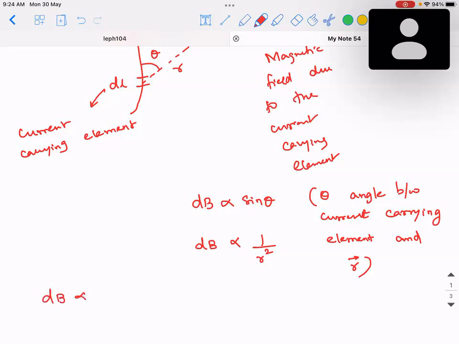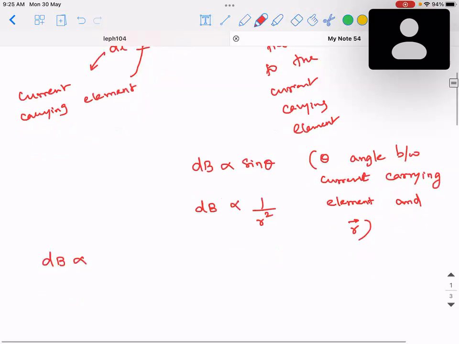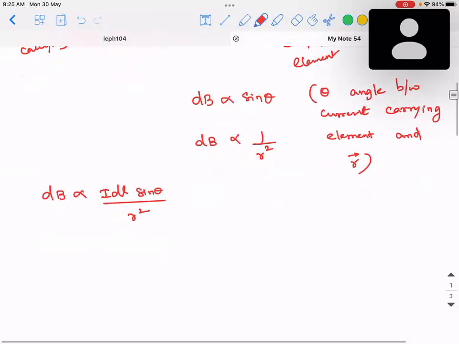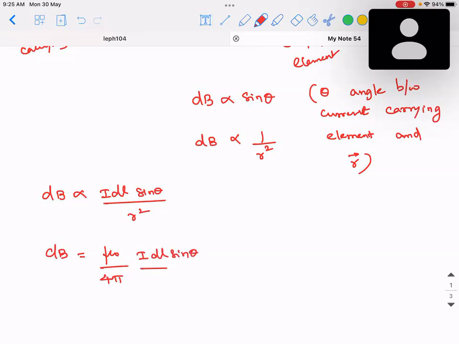There is no proof for this, so don't worry about it; you just have to understand the concept. dB is directly proportional to I dl sine theta divided by r square. If I remove the proportionality symbol, dB will be equal to mu naught divided by 4 pi into I dl sine theta divided by r square.